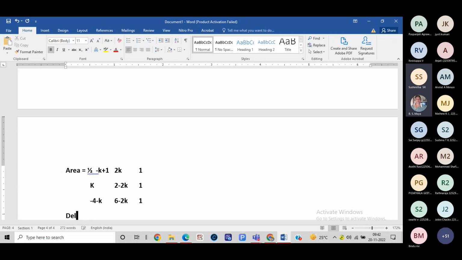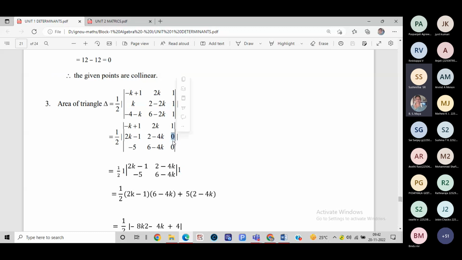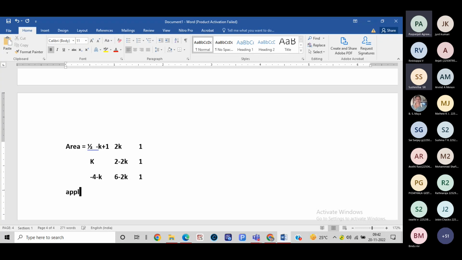Before that, you should take an elementary row operation to simplify. 1 minus 1 and 1 minus 2 will get 0 terms, so to make these two columns 0 you apply R2 minus R1 and R3 minus R1. Applying R2 equals R2 minus R1 and R3 equals R3 minus R1.